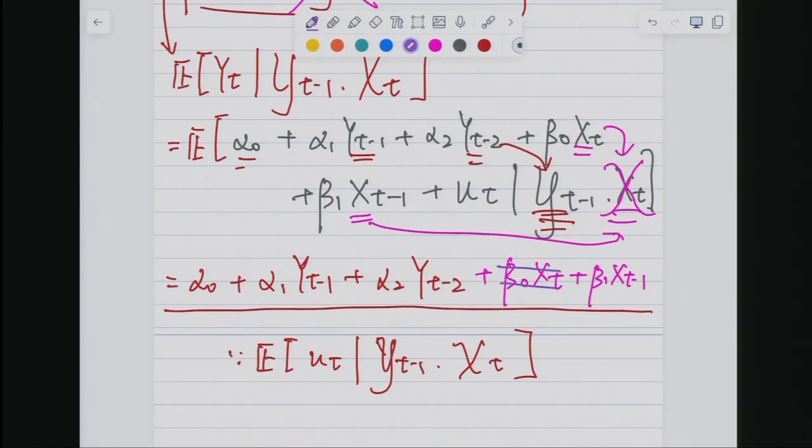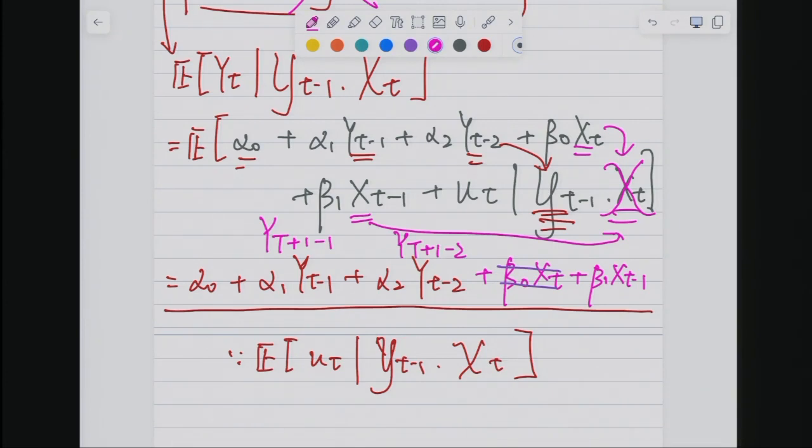That's it. So the optimal forecast, one step ahead, is the alpha naught, the same as what you have here, and the alpha 1 times Y capital T. That's because when we swap the notation, we have Y capital T plus 1 minus 1, which gives you Y capital T. And also you have alpha 2 times Y capital T minus 1, because here you have Y, T plus 1 minus 2, that gives you Y capital T minus 1.